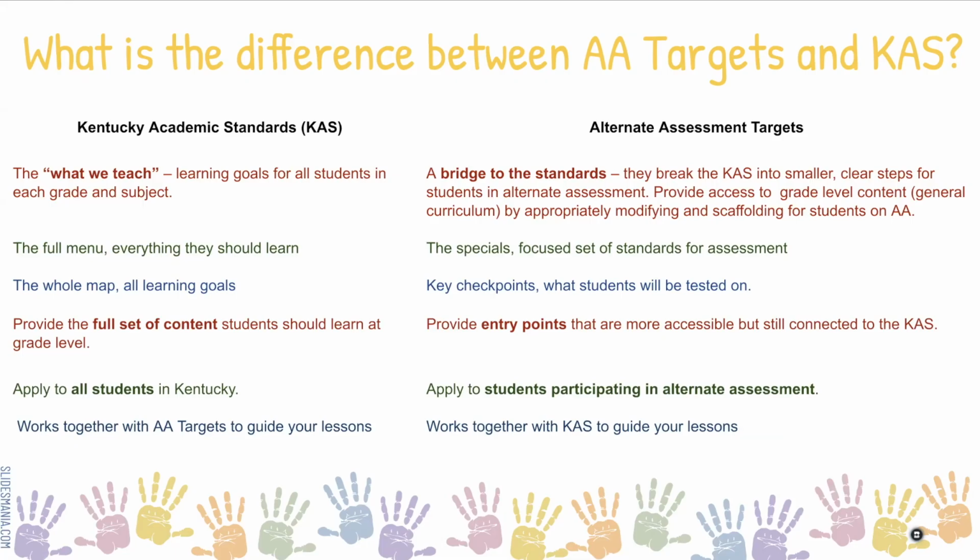The standards are a full set of content, and then the targets are just entry points that are more accessible, but they still are connected to the standards. The standards apply to all students in Kentucky, whereas the targets are only for students that are participating in the alternate assessment. And then lastly, your standards work with your targets, and your targets work with your standards. So you use both of those together to develop your lessons.